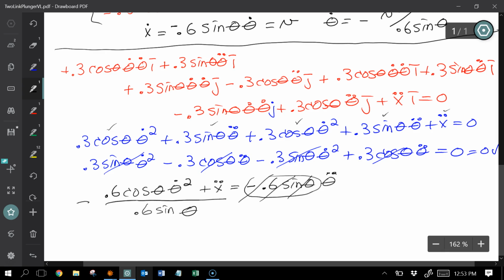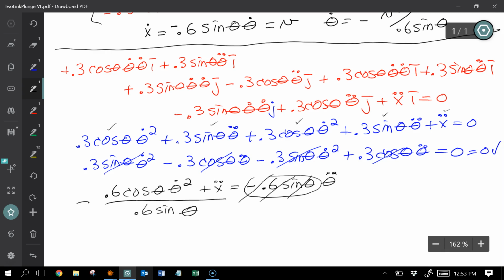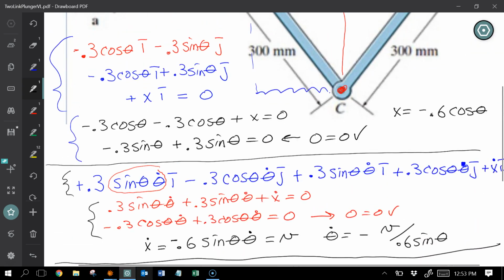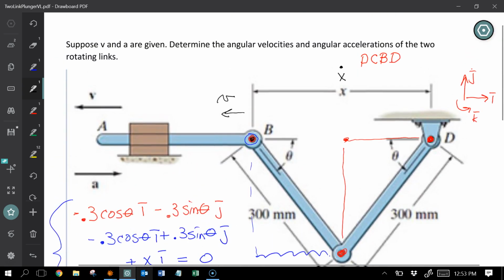Okay, now, x double dot is related to the acceleration of this term. Again, just like x dot is equal to v, in this case, x double dot equals plus or minus the a. Now, if a is going right, like it says, the x double dot should be getting smaller.